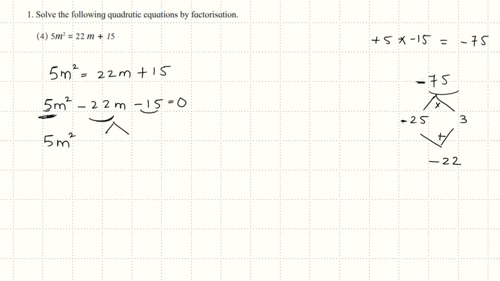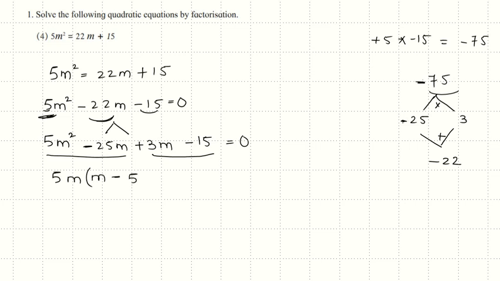This minus 22 will be written as minus 25m plus 3m minus 15 is equal to 0. Group these two terms and these two terms. So we will take 5m as common here, into m, minus 5 into 5 will give us 25m.